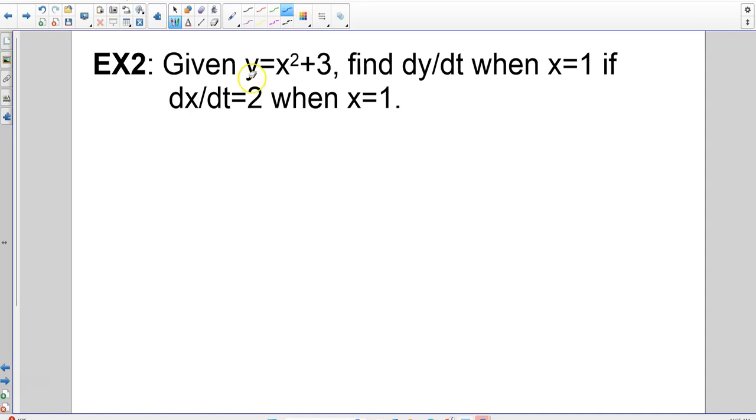in. We're going to take the derivative of this function with respect to t. I'm using t because it says find dy dt, right? So I'm taking the derivative of y with respect to t. So when I take the derivative of y right here, I get dy dt. And then I'm going to take the derivative of x squared. That is 2x.